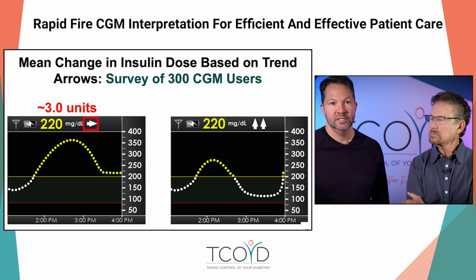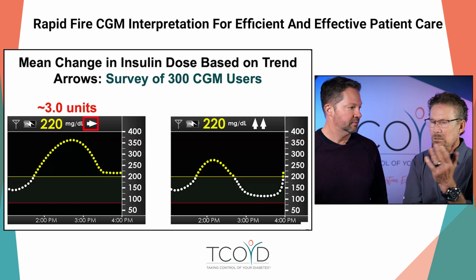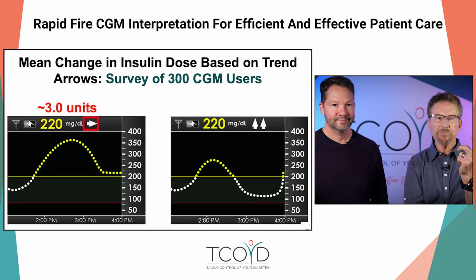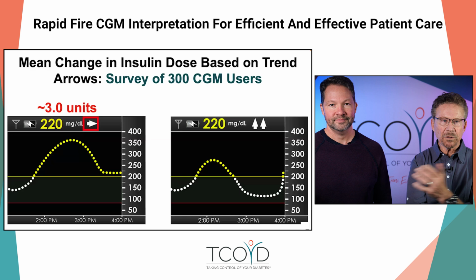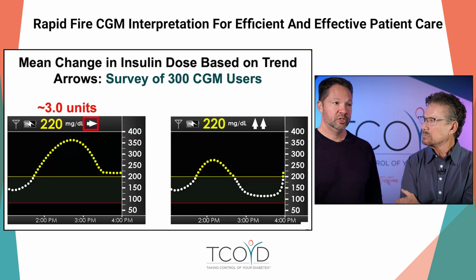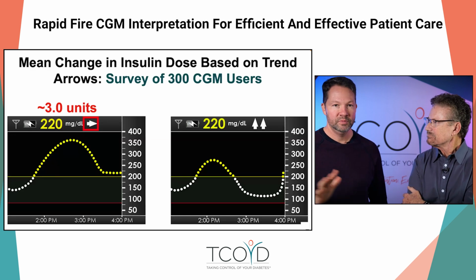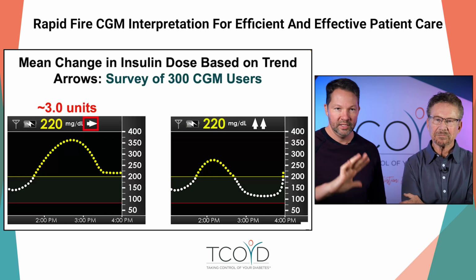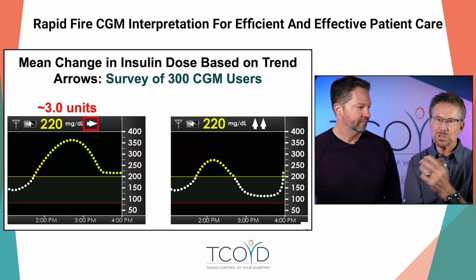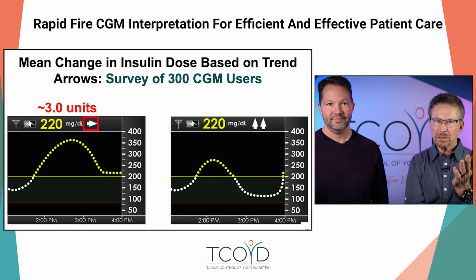On average, these people said 3 units, which sounds about right. It's a correction factor of 1 to 30, 1 to 33. That shows the typical 1 to 50 for most people is way too conservative; most people end up in the 30s somewhere. This is 300 patients, and this is the mean.